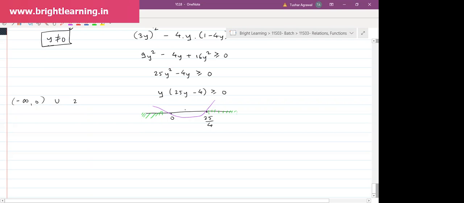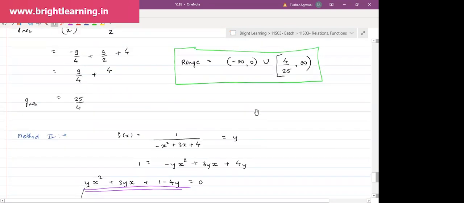Actually here, the part that we got, 0 is included, but the original condition was y should not be zero. And 4 upon 25 closed to infinity, which is our answer. The same answer we got above also. Yes or no? Yes, sir.